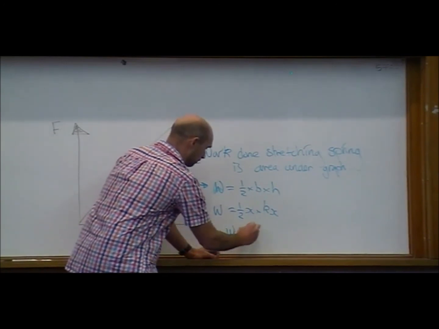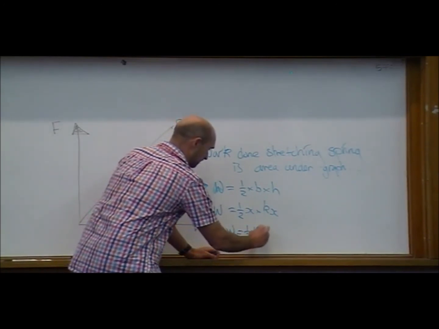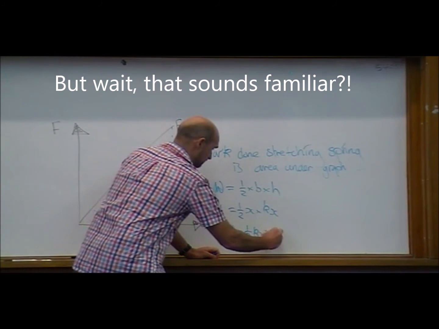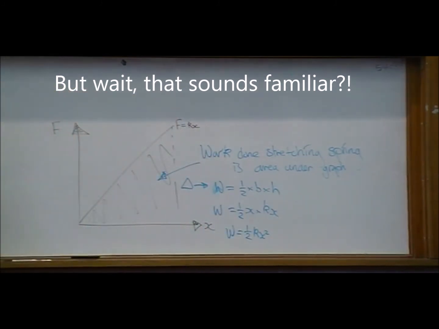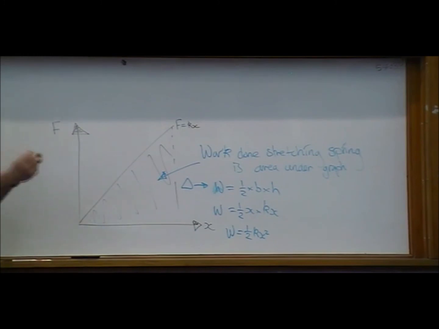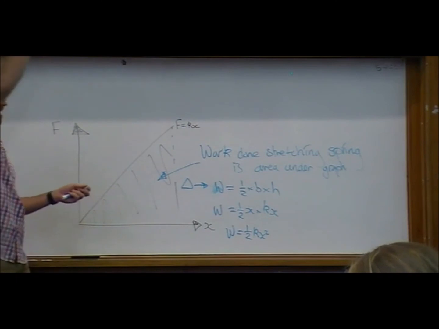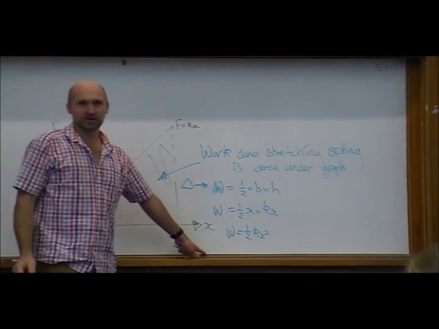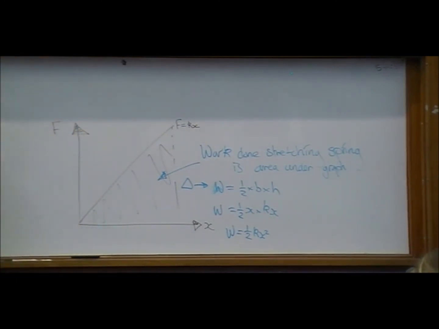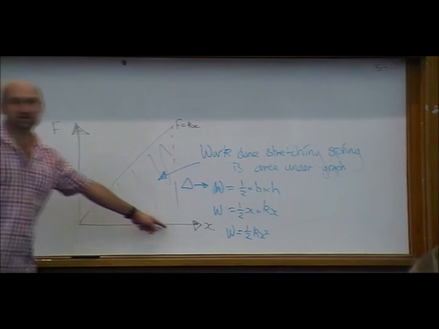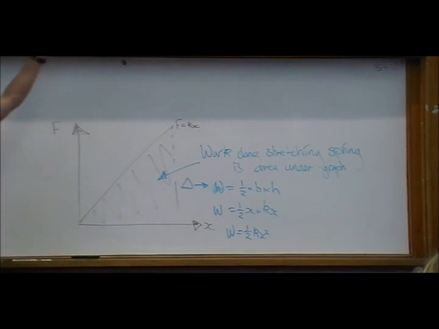Work is equal to half kx squared. And so the work done to stretch a spring is the same as the potential energy. A beautiful little circle that we've just created there, right? That we've ended up where we started off. The work done to stretch the spring is just the same as the amount of energy that we store inside the spring. That's crazy cool.